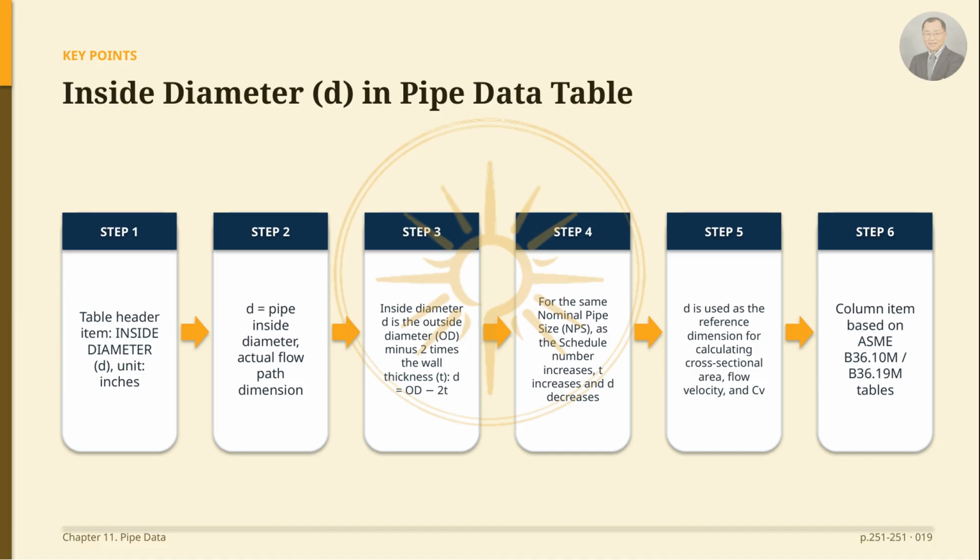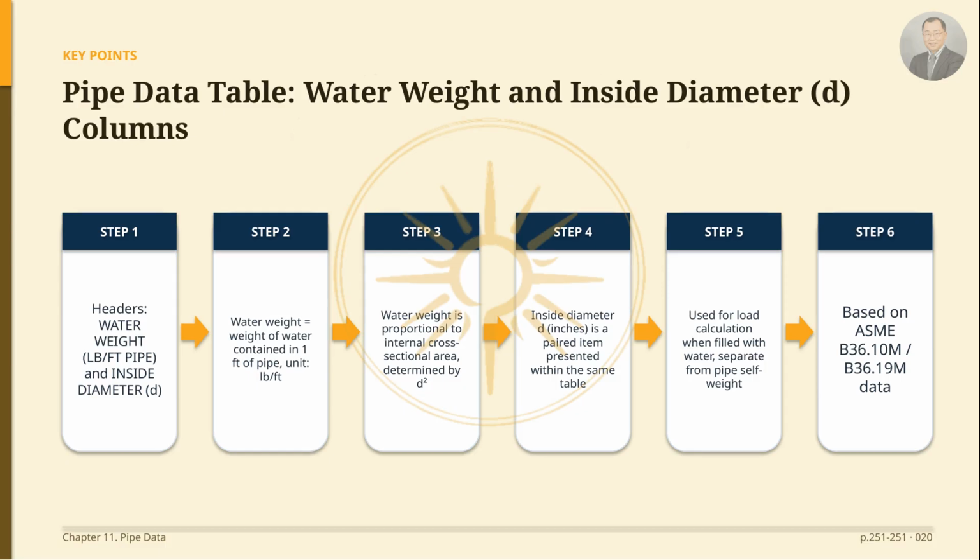Now, I'll introduce the column configuration where the water weight and inside diameter items are placed together. The water weight indicated in the header refers to the weight of the water contained in 1 foot of piping, with the unit being pounds per foot. This water weight is proportional to the internal cross-sectional area of the pipe, so it is determined by the square of the inside diameter.